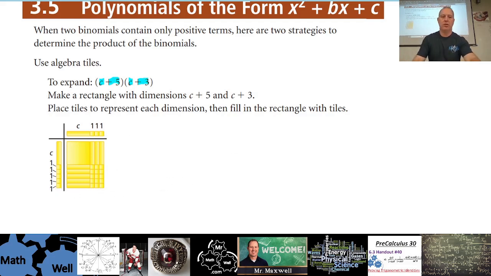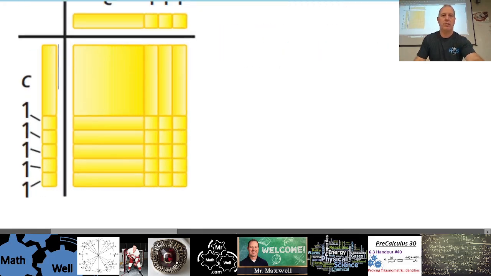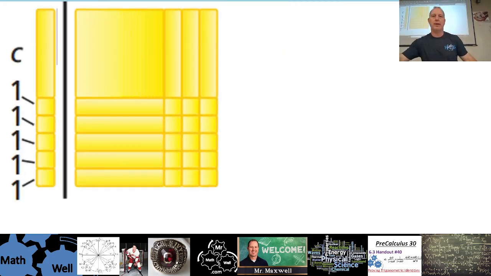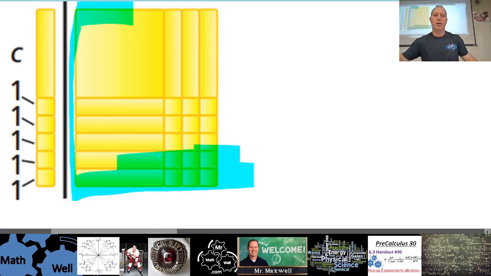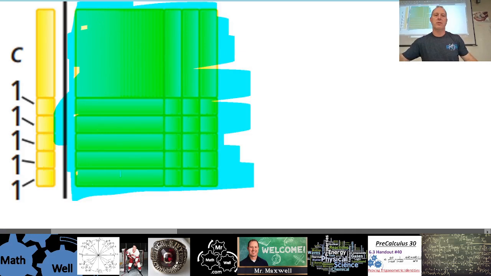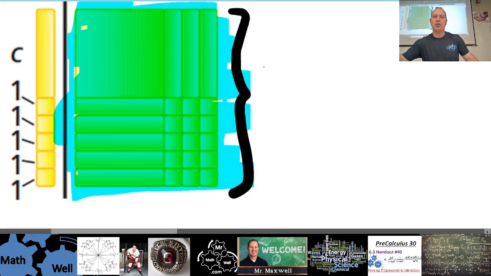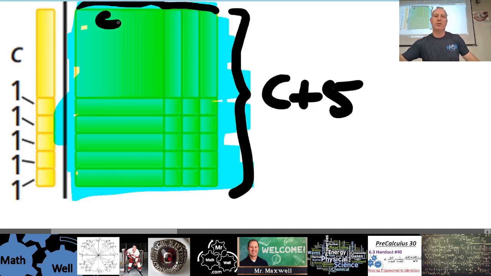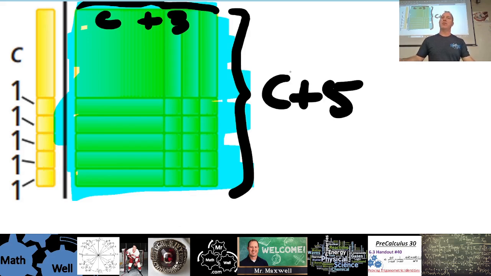So again, if we just focus on this part right here, we see that this collection of algebra tiles has a height, this dimension, of c plus 1, 2, 3, 4, 5. This is c plus 5. Up top here, this dimension is c plus 3. Everybody see that? So if we were to multiply c plus 3 times c plus 5, that would be like multiplying length times width, and we would get the area of a rectangle, okay?